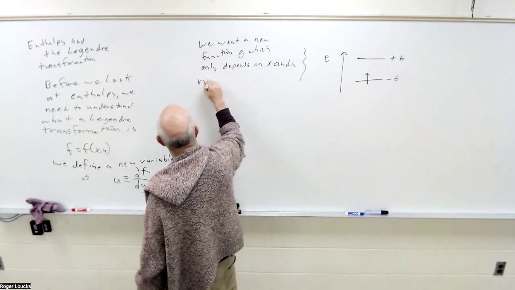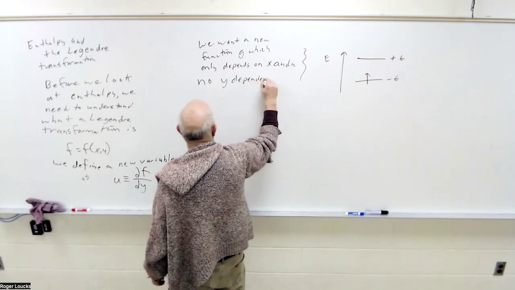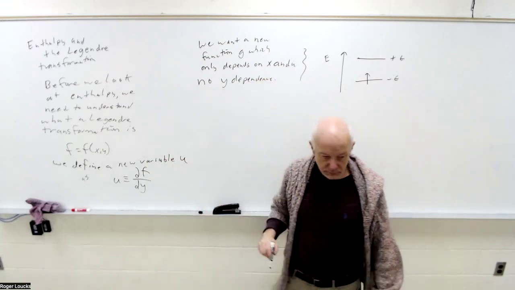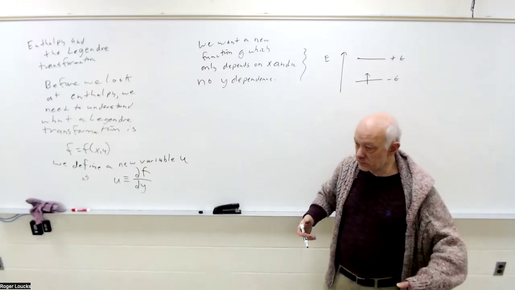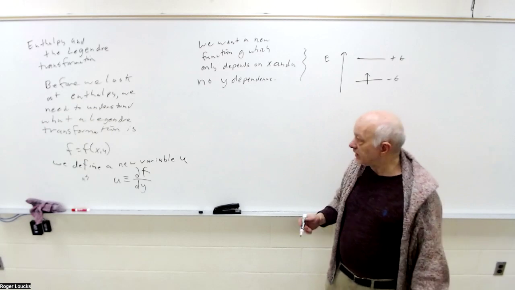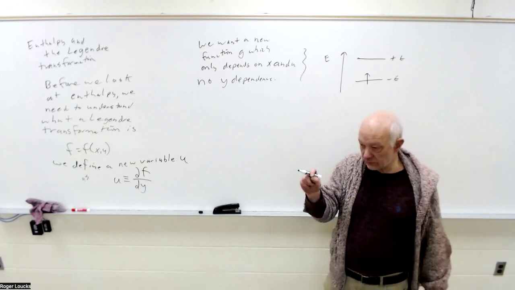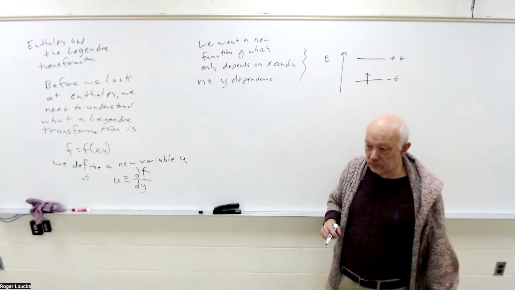We want no y dependence. The question is, how do you do this? No explicit y dependence, because you can depend on y implicitly. When we do this, it's all going to come from the differentials that we're going to look at. The differentials will tell the dependency.